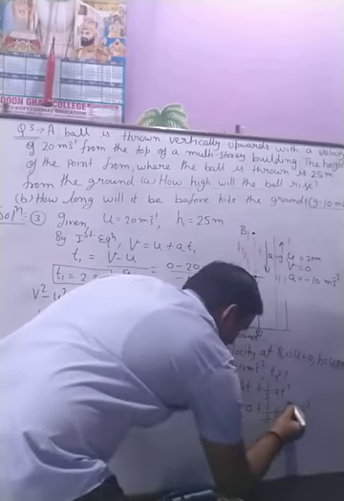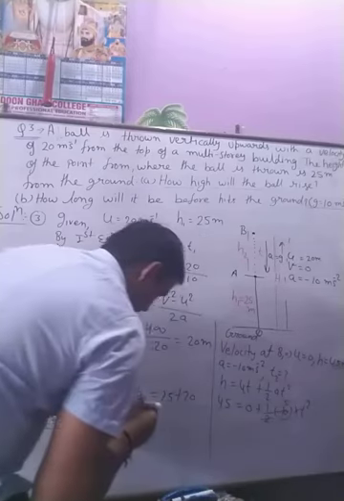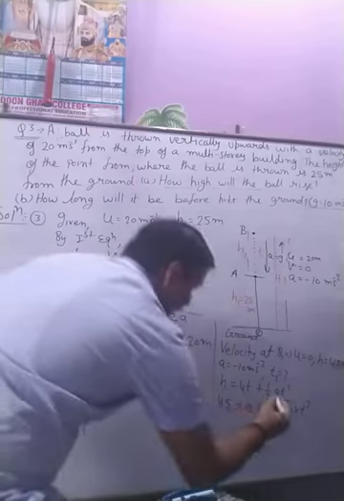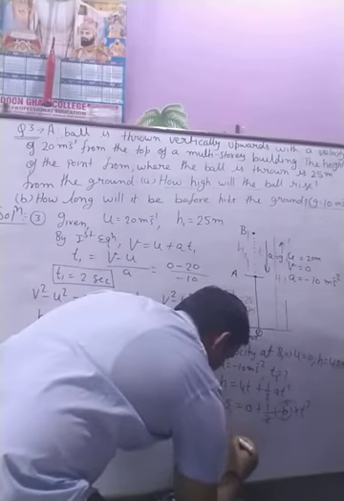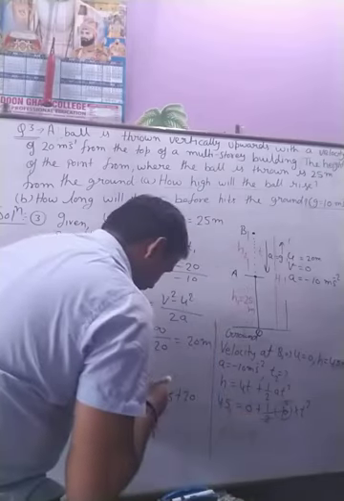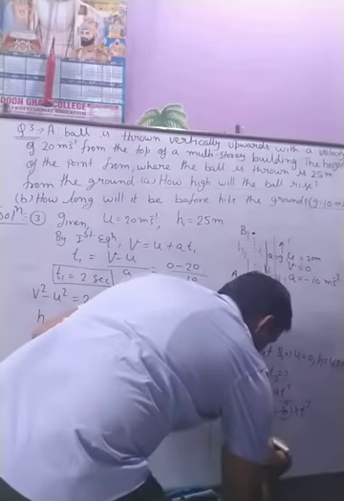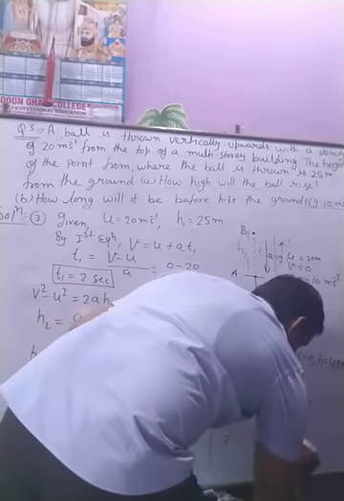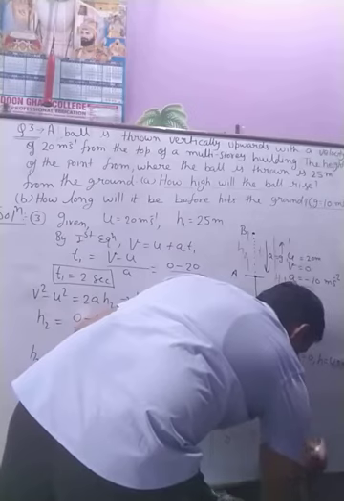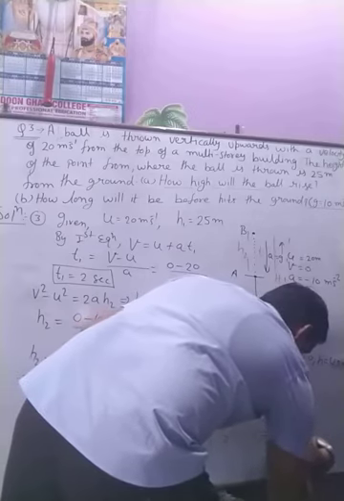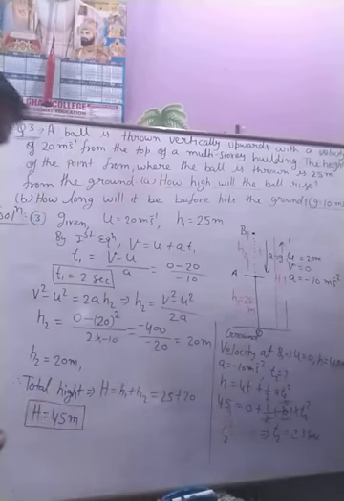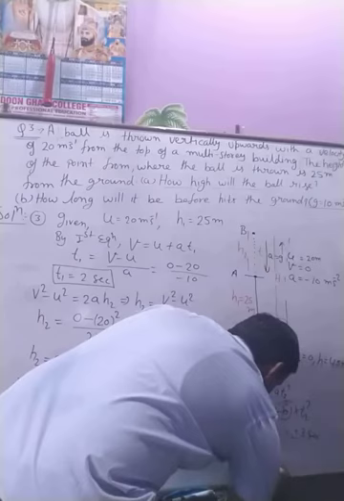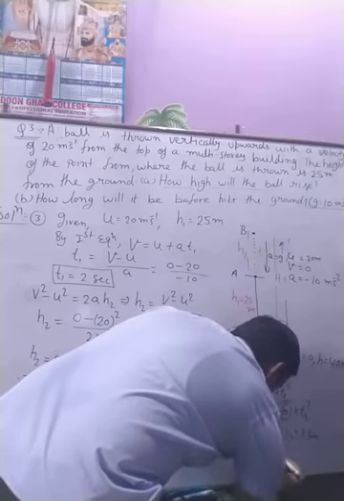This will cancel by 5 times, and this 5 cancels this 9 times. So we get t square is equal to 9. Therefore we calculate t2 is plus minus 3 seconds, because time is a scalar quantity, so t2 is equal to plus 3 seconds.